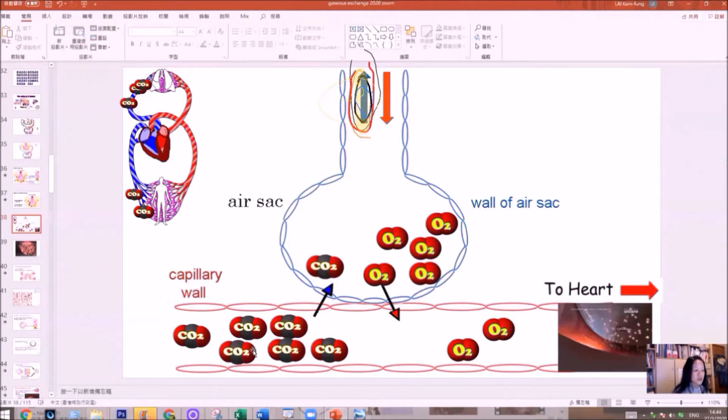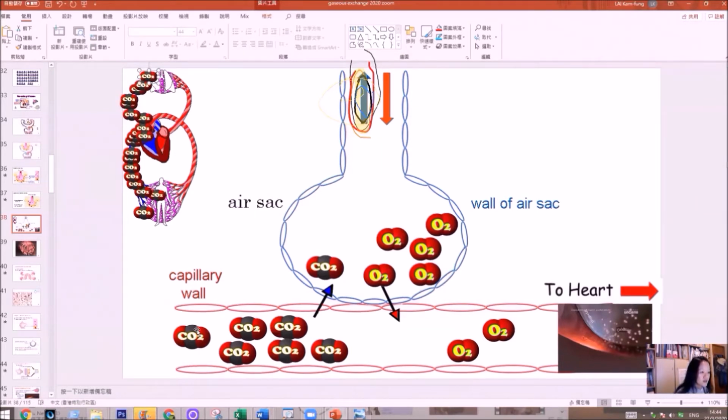How about in the blood? How can we keep a high concentration here? They are constantly produced by our body. The body cells carry out respiration. They produce a lot of carbon dioxide. And the carbon dioxide will be carried by blood, and then they will reach this region.